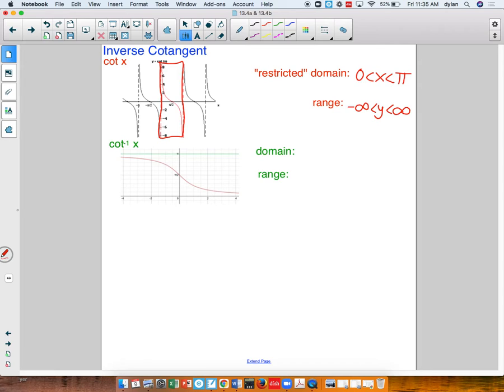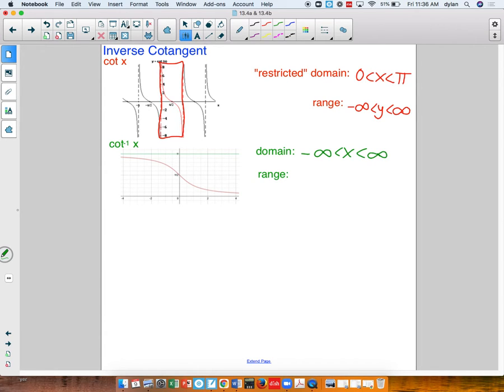So now if we think about the domain for the inverse, remember that the inverse is just taking that original function and rotating it 90 degrees. And all we're doing is flipping the restricted domains and ranges. So for our inverse, our domain would become negative infinity is less than x, which is less than positive infinity.